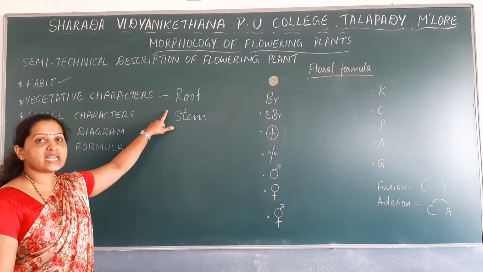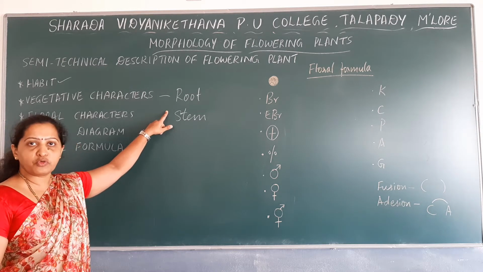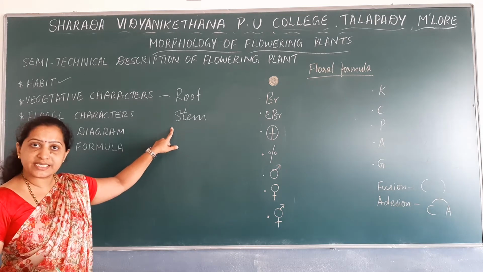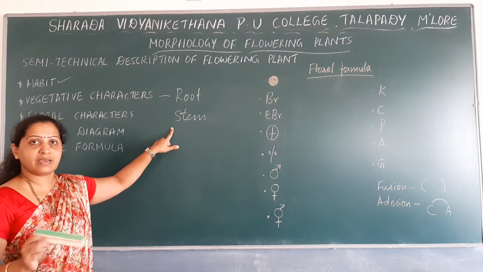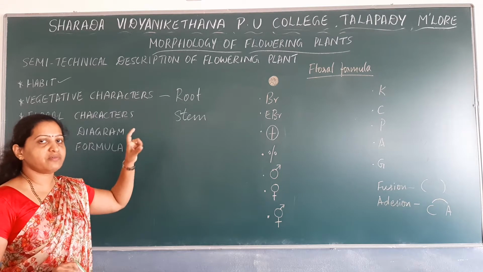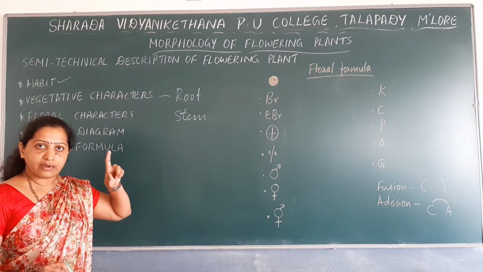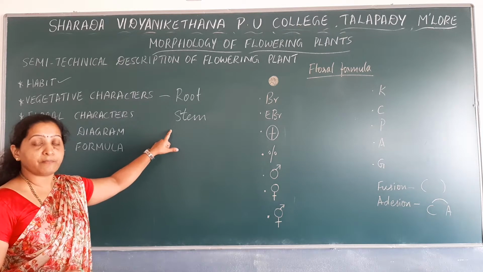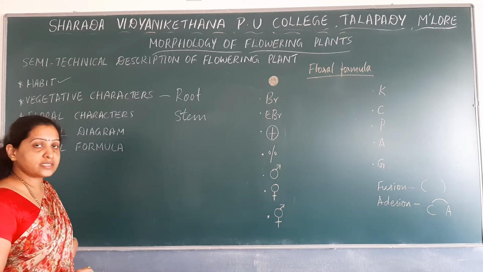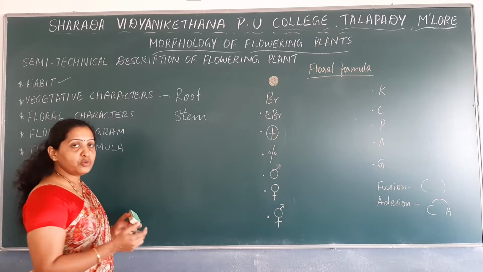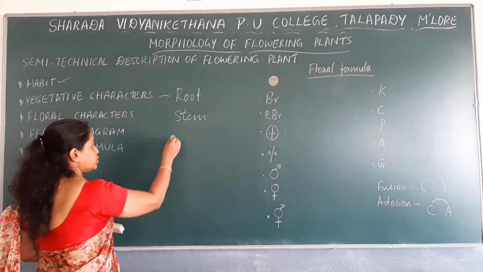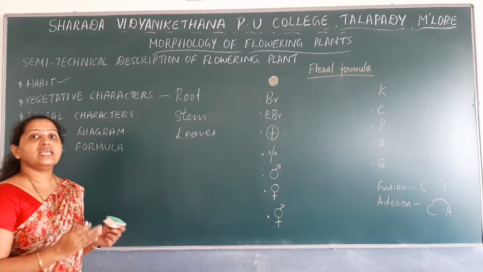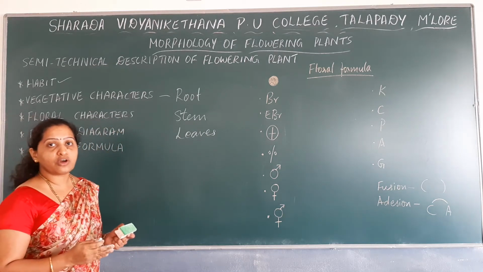We have to describe the root, what type of root system the plant has. Then we have to describe the stem. Whichever plant you are going to describe technically, we have to note how the stem of the plant is. After that, we have to note what type of leaves are present and how the leaves are arranged, the mode of arrangement of leaves.